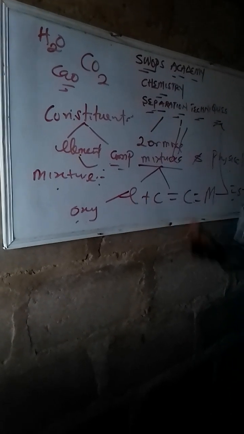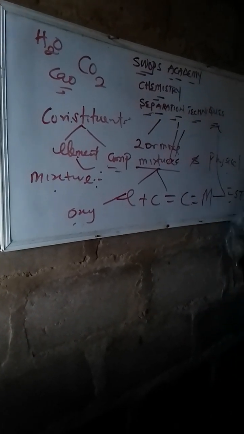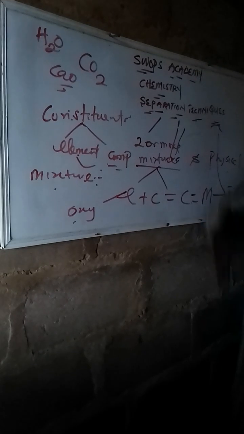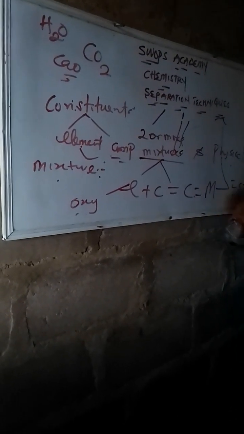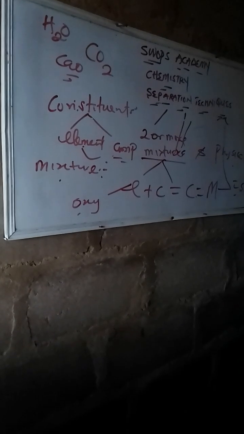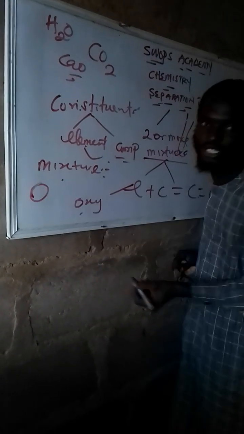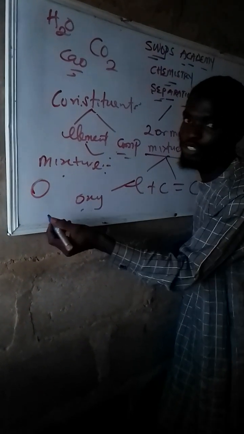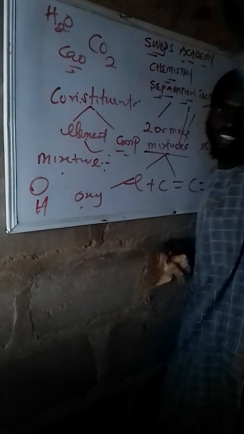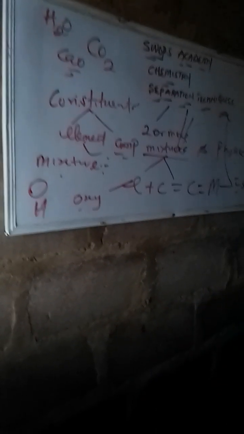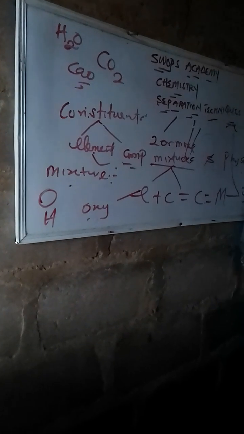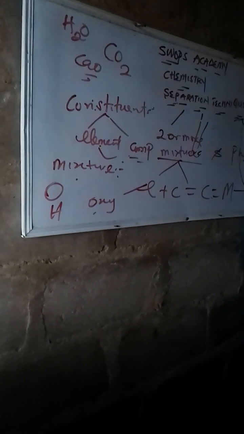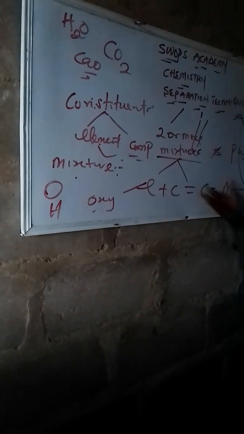Element is a substance which cannot be split into two or more simpler forms by any ordinary chemical reaction. Are we together? Example is ordinary oxygen. This is an element. What follows? Hydrogen, and all these 20 elements and more than that. Neon, mercury, silver, and many more. Bromine, they are all elements.